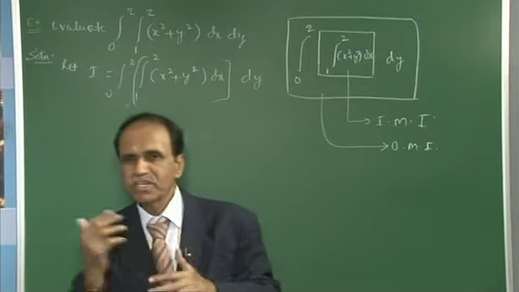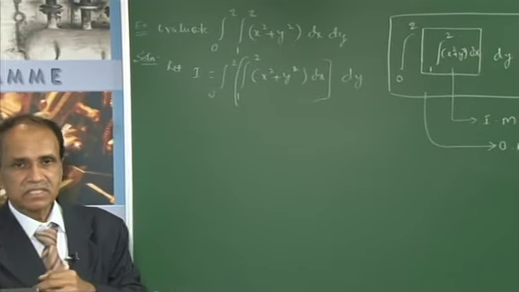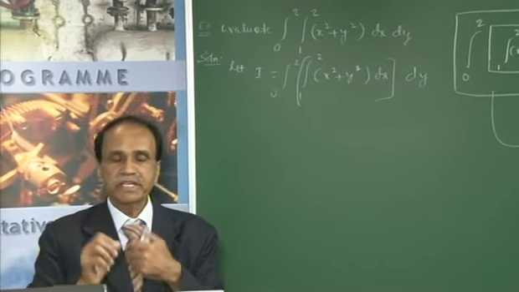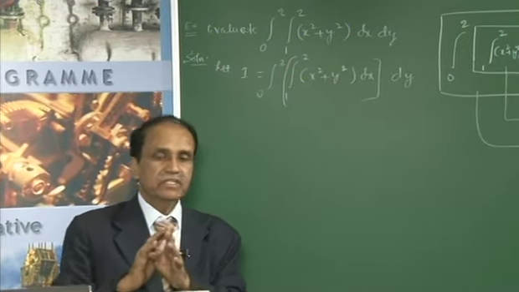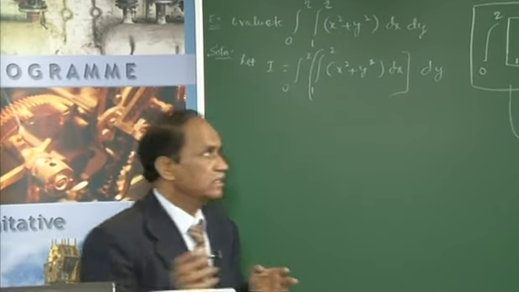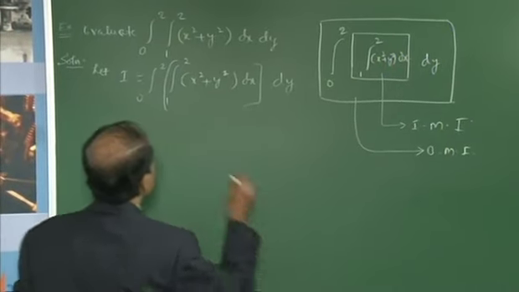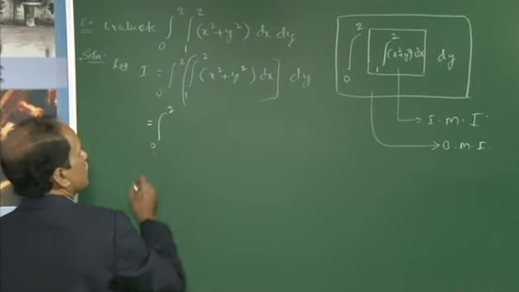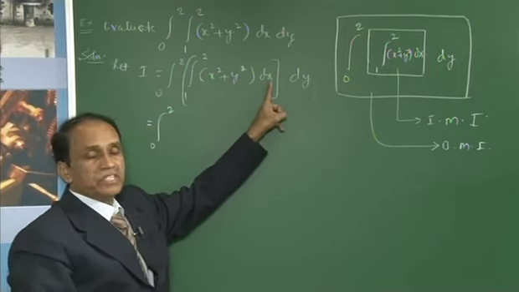This is similar to one word you use in the programming subject, that is hierarchy. Hierarchy means the innermost parenthesis evaluation should be taken first, then its adjacent, then its adjacent. Exactly, you cannot evaluate the outermost integral first and then the innermost integral. That means this is to be evaluated first, and accordingly I put the bracket like this. Therefore, you integrate in the usual way: 0 to 2 keep as it is, and the integration is now with respect to x.